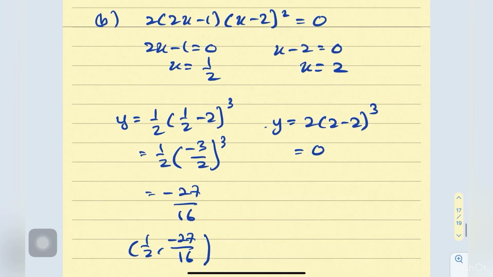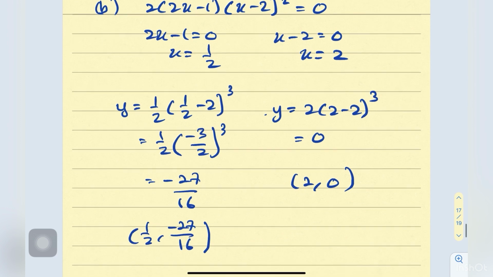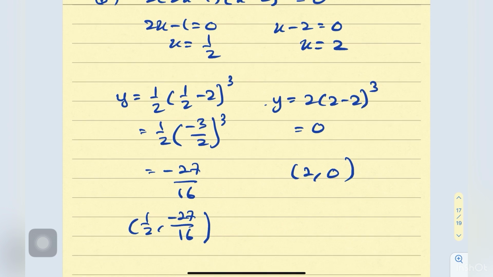So the other point is (2, 0). There's no need to identify which is maximum or minimum, because the question just asks you to find the coordinates of the two stationary points.